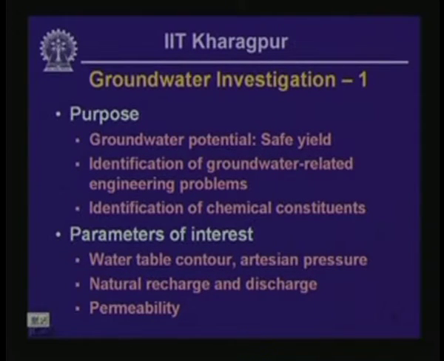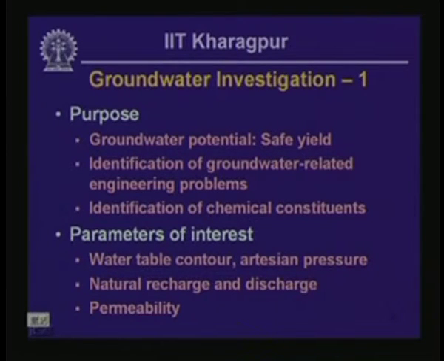In other words, whether the groundwater is going to be suitable for a particular use, such as use as drinking water or use as irrigation water or, for that matter, use as construction water supply. So we need to identify the potentially harmful chemical constituents in groundwater sources depending on the use of the groundwater source.